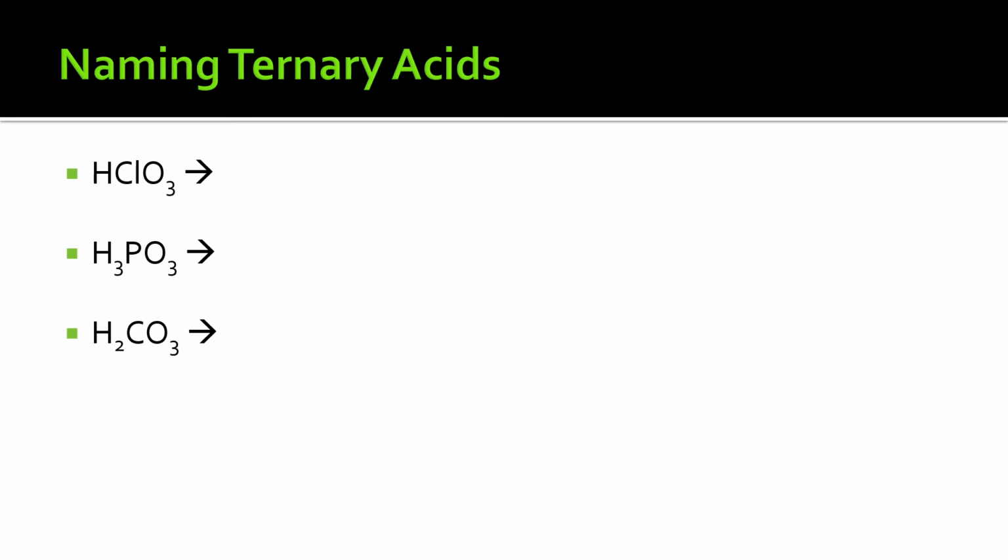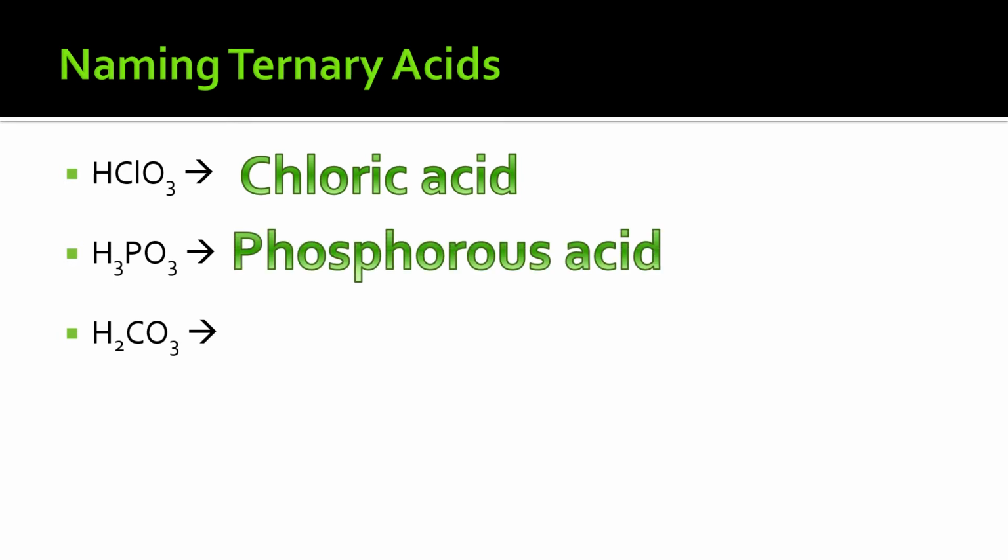ClO3 is a chlorate, so I take that ate off, and it is chloric acid. PO3 is phosphite, so with the gingivitis, I change it to phosphorous acid. And last but not least, CO3 is carbonate, so carbonic acid.